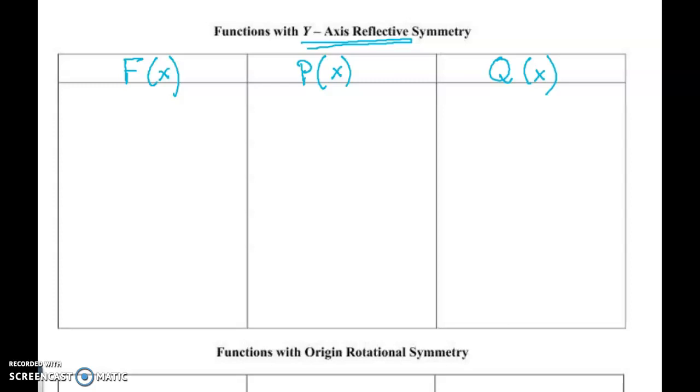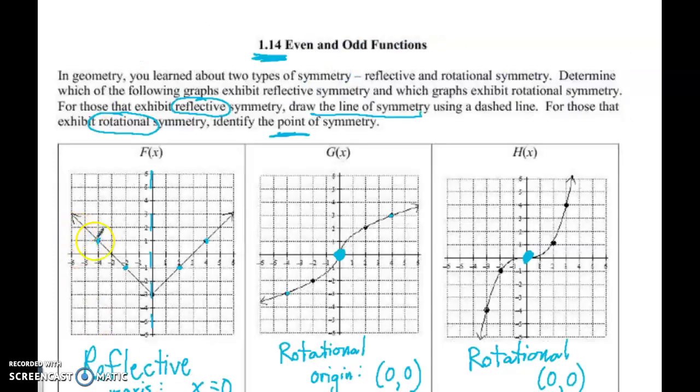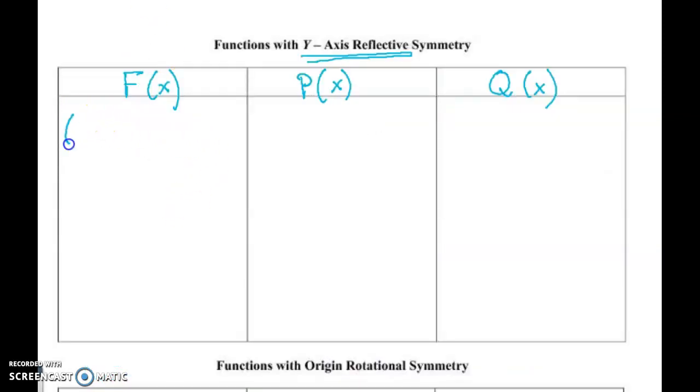Some people would just list out all the points of f, but I want to actually point out like -4, 1, when it's reflected, maps onto the point 4, 1. Instead of just giving you a list, I want you to realize that -4, 1 and 4, 1 match for a reason.